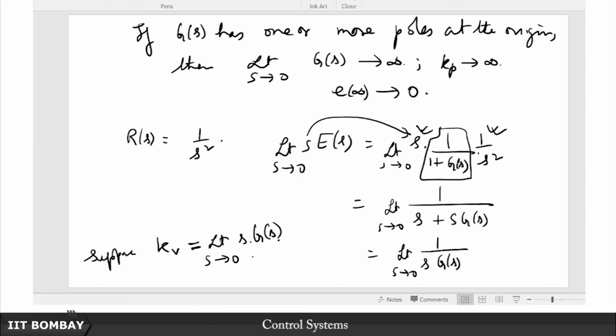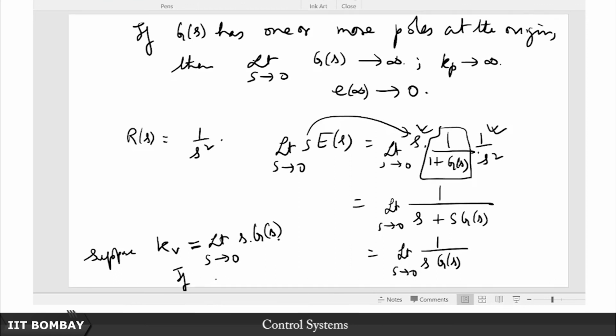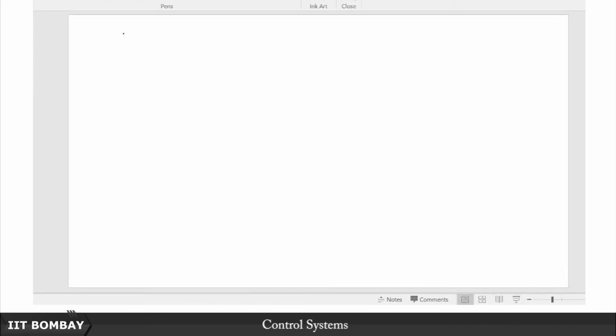Now suppose we are given this. Now what can we deduce? Notice that if G(s) has no integral mode, what happens then? Are we or are we not in trouble? Of course we are in trouble, because if G(s) has no integral mode, then G of 0 is a constant. So therefore Kv will go to 0, implies Kv is equal to 0, and if Kv is equal to 0, then notice that E of infinity is equal to 1 by Kv.